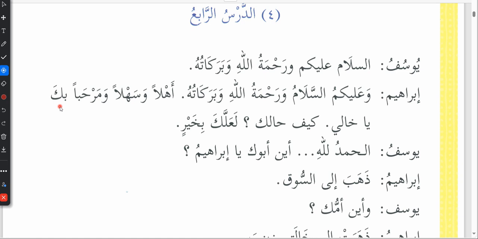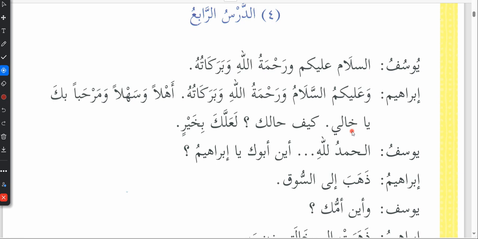Bika means to you. And as I told you, the first category pronoun is attached with the harf jar and inna. So you can see there is a harf jar here, ba, and the first category ka damir is used with the harf jar, and this is from the mukhatib group, you. Ya Khali, kaifa halak? Ya Khal means maternal uncle.